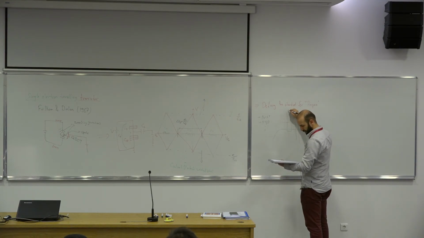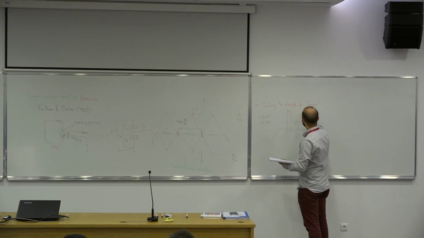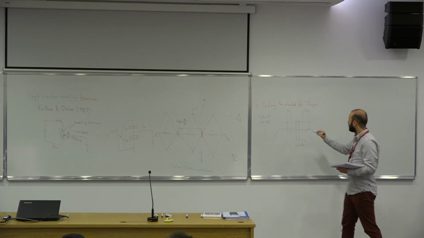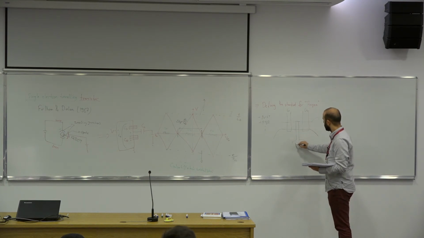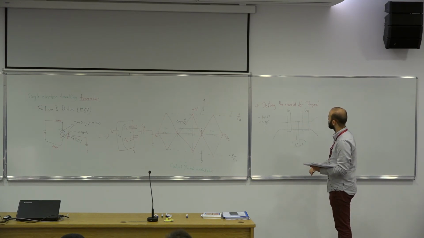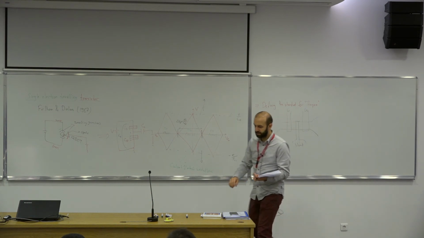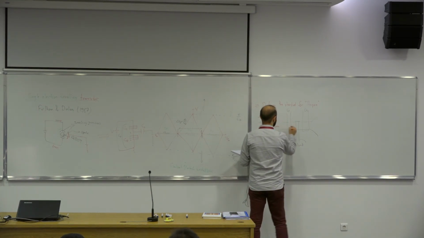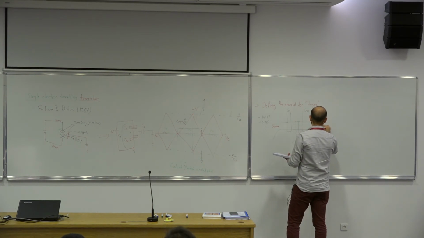Okay, so let me label them. This is gate 1, this is gate 2, this is the island region, okay, that we can use to modify the island potential. And again, as usual, we have source and drain.